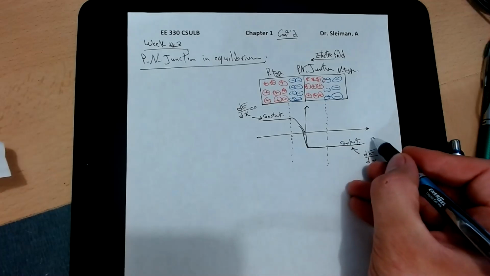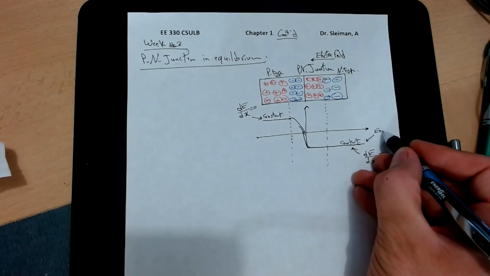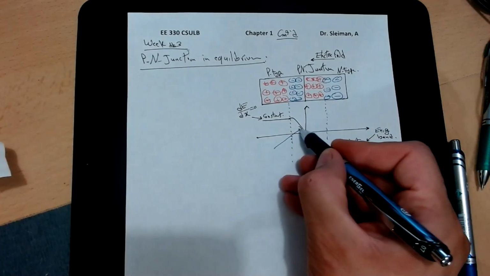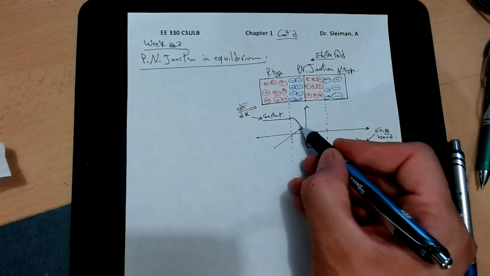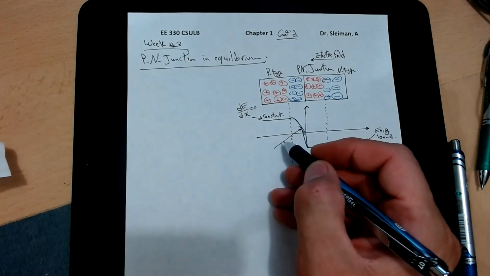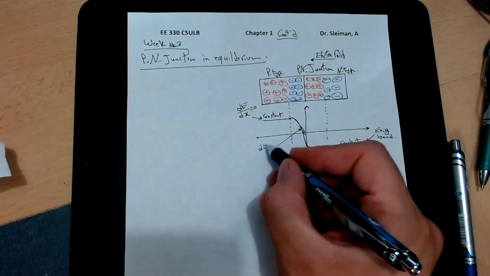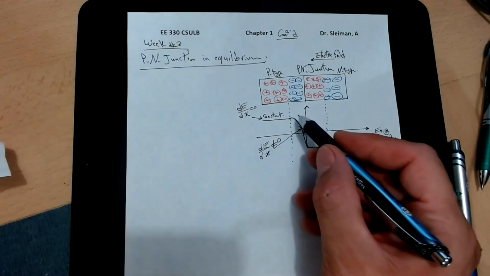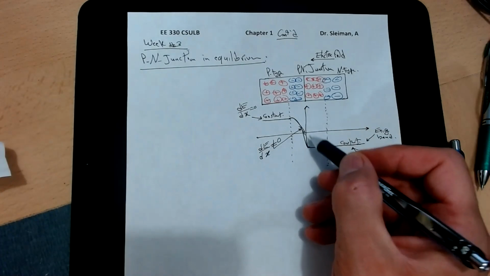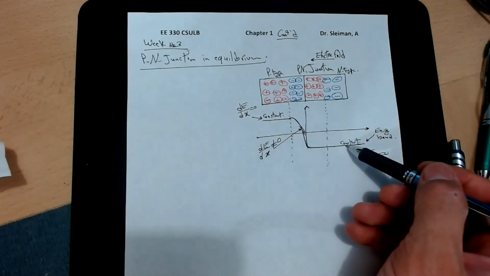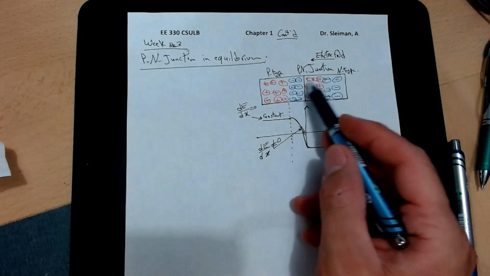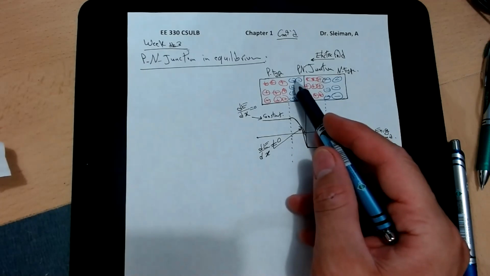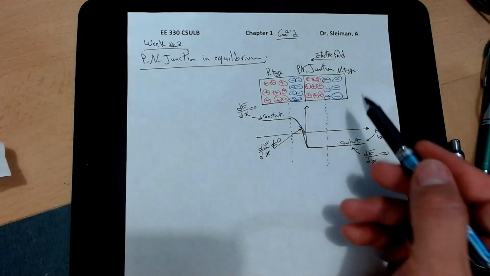This is the energy band. And in this region, because the electric field is going down, dE/dx does not equal 0, since it's decreasing going from the p-type to the n-type. The p-type is highly doped with holes, or positive charge, and the n-type with electrons.